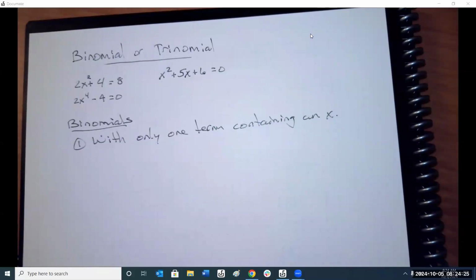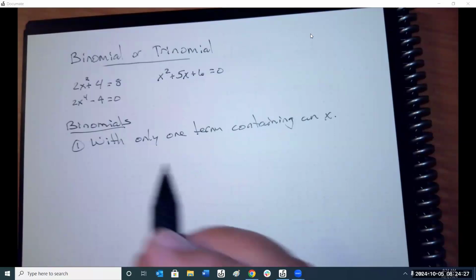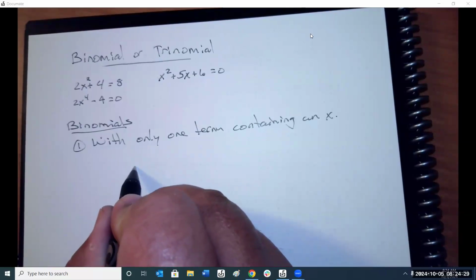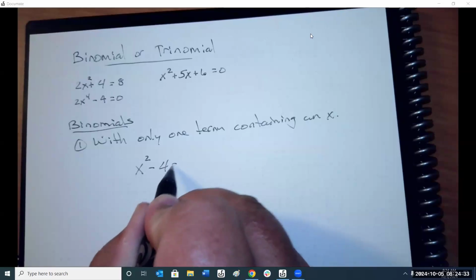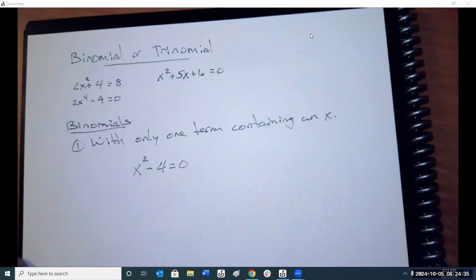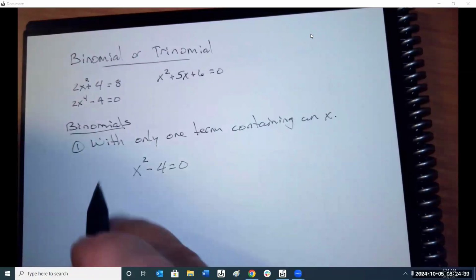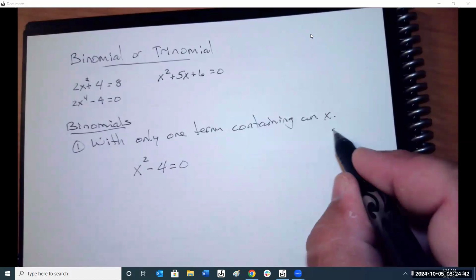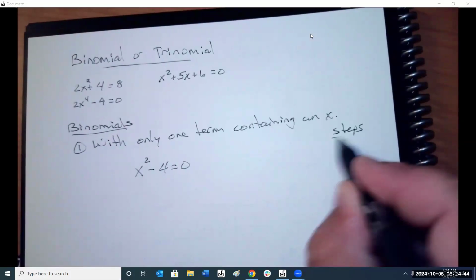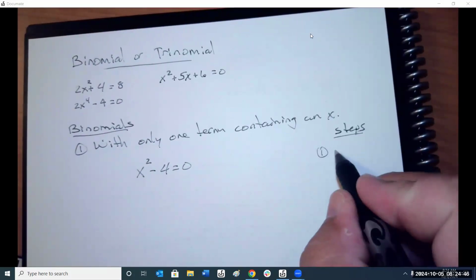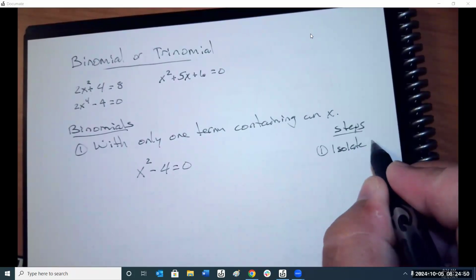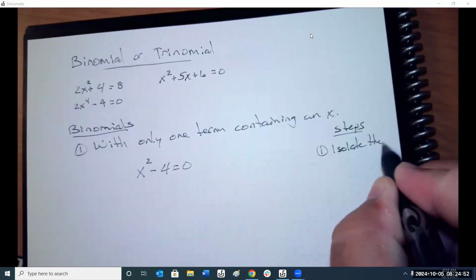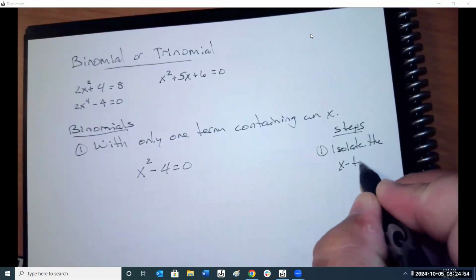So let's look at x squared minus 4 equals 0. If you have only one term, here are the steps. Isolate the x term.